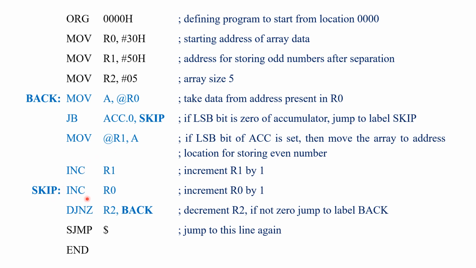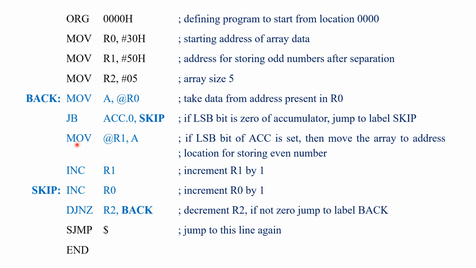So then increment R0, then decrement the counter, then move back. Right? In case the value in the accumulator is an even number, then JB ACC.0, skip: that bit is not set, so it will not go to skip.